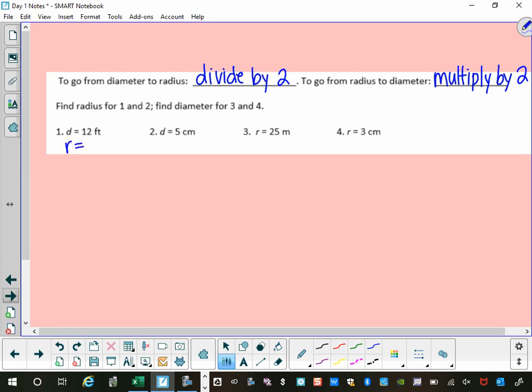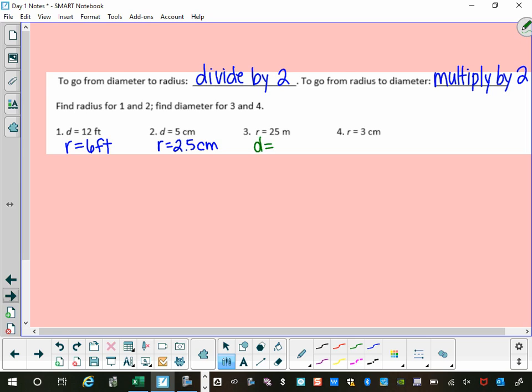Look at number 1. Alright, Lulu, your diameter is 12, what's your radius going to be? 6. 6 feet. Michael, number 2, your diameter is 5 centimeters, what's your radius going to be? 2.5. Okay, don't forget your units, 2.5 centimeters, good. Alright, Ashley, number 3, your radius is 25 meters.